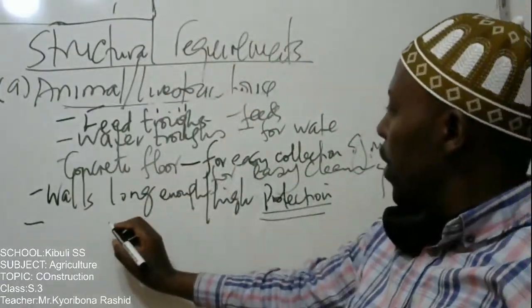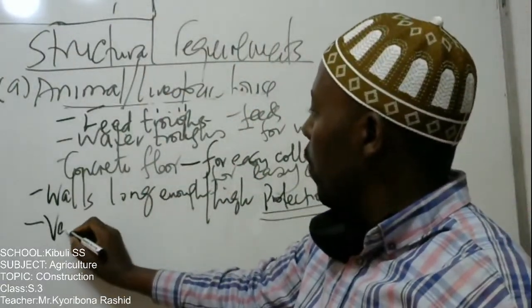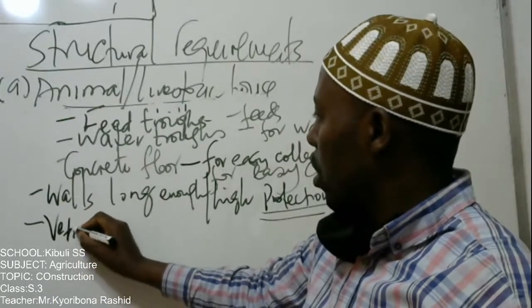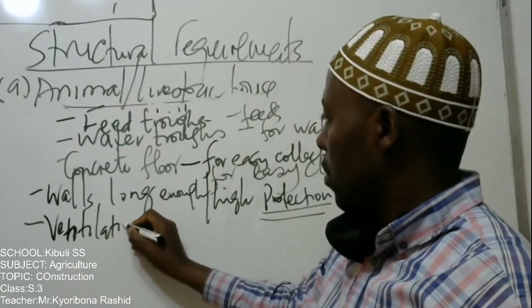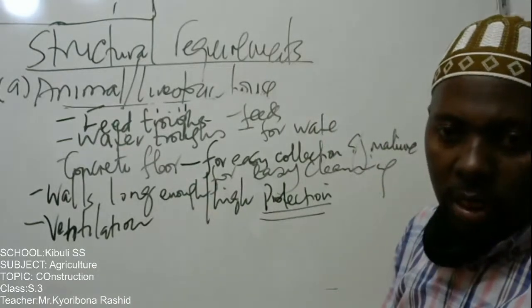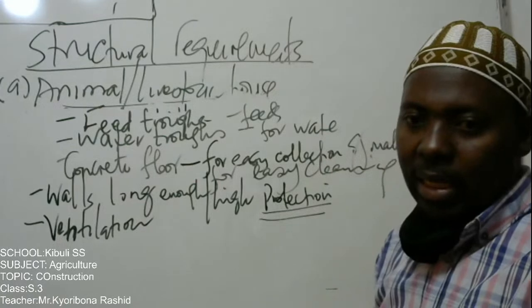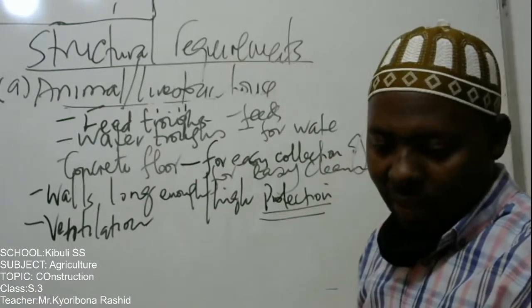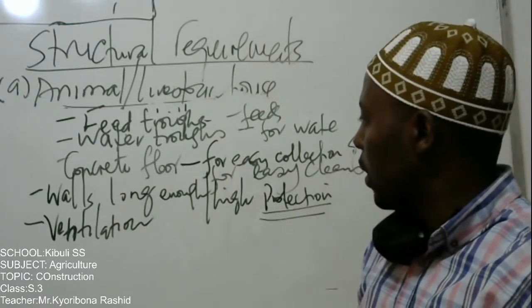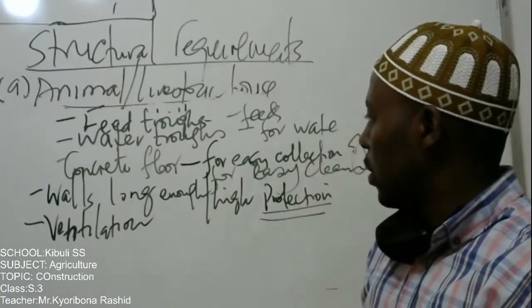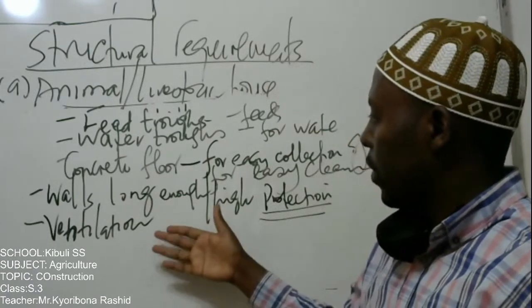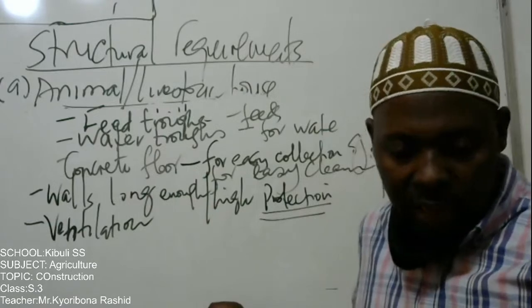Now, if you do not write like that, you could say well ventilated. You talk about ventilation. Otherwise, this house is going to attract smell. So there should be easy exchange of gases.